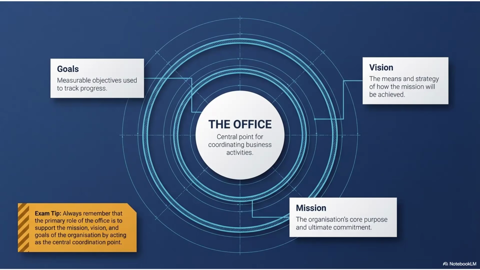So we'll start off with office orientation right off the bat, right? And the first place we look at is the office itself. The primary goal of the office is the place where all business activities happen, right? It's the place that coordinates the business activities.